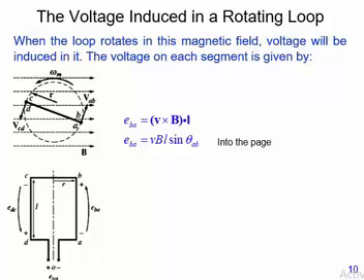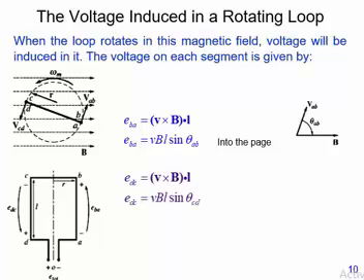That's why the dot product would be VBL sine theta AB, where theta AB is the angle between V and B, as you can see from the right diagram.